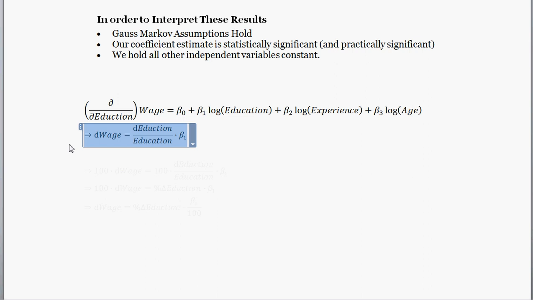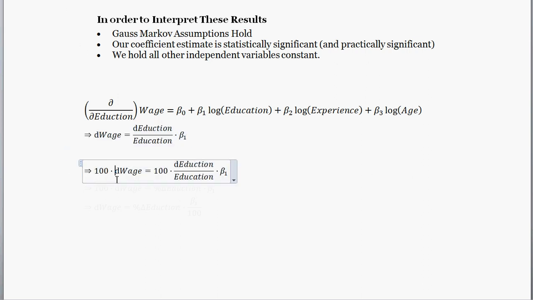The percent change in education is a useful statistic that we can get an intuition from. So let's multiply both sides by 100 and see what we get. Multiplying both sides by 100, we now have 100 times d wage equal to 100 times the change in education in percent times beta 1.